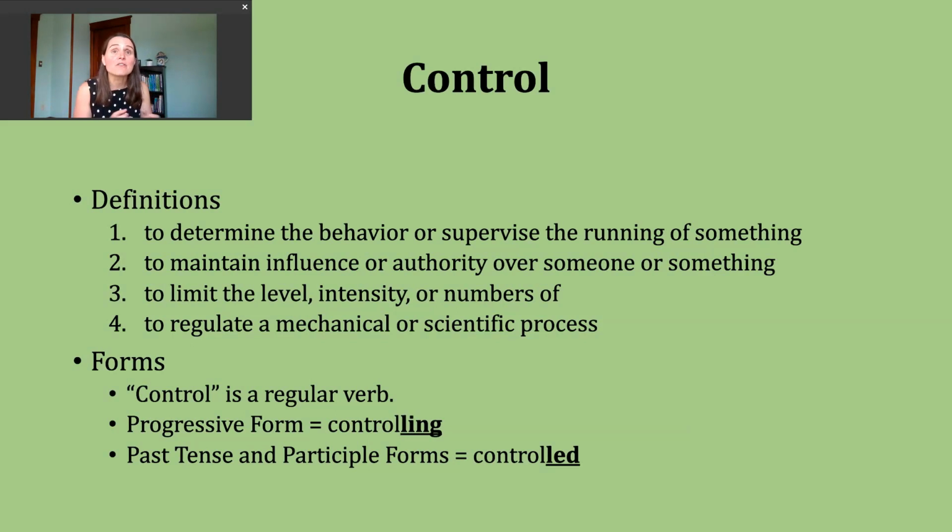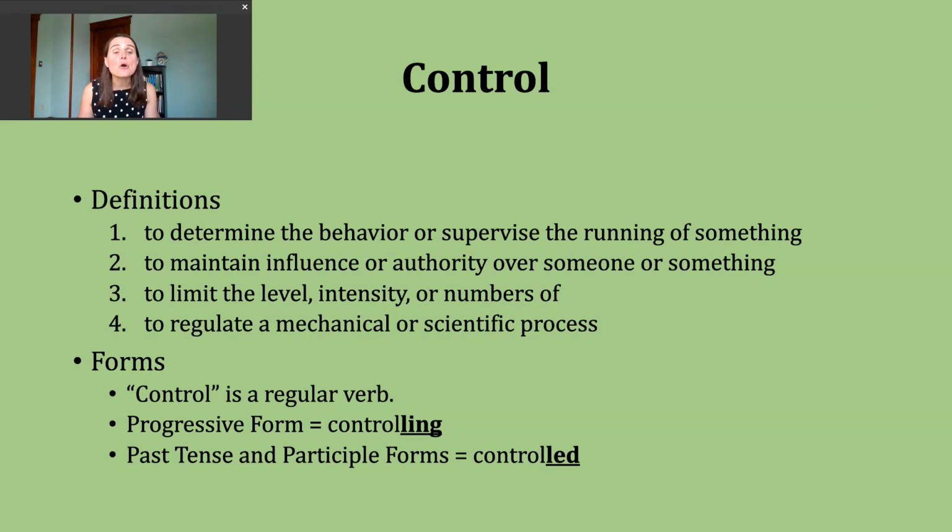A fourth way the verb control gets used is to mean to regulate some type of mechanical or scientific process. With this, you might think of how we lower or raise the volume on our computers, on our TVs, phones, etc., right? We're regulating the volume or we're controlling it.